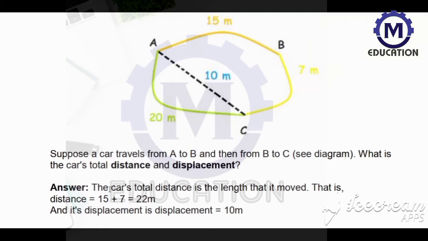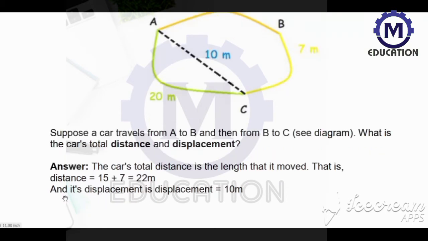The total distance covered is the length that it moves, so distance is equal to 15 plus 7, equal to 22 meters. But the displacement of this car is equal to 10 meters, because it follows the shortest distance between 2 points. It is a linear distance between 2 points.